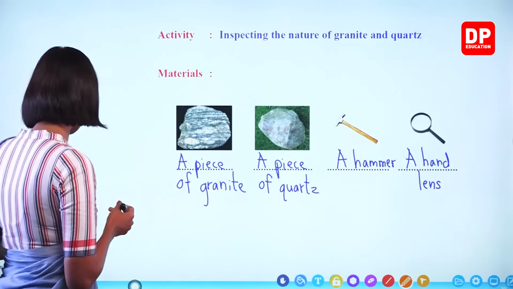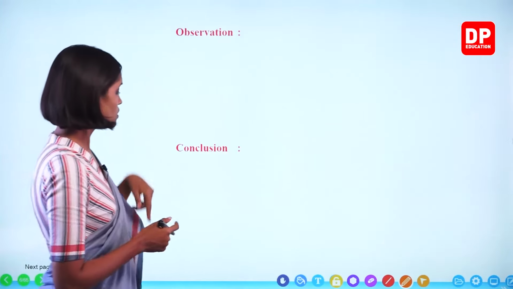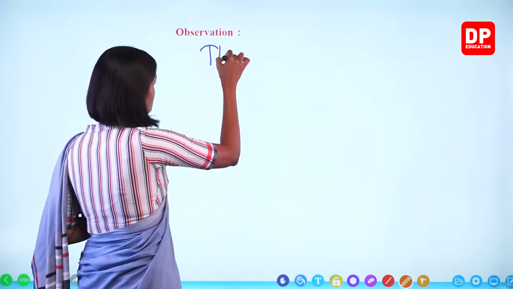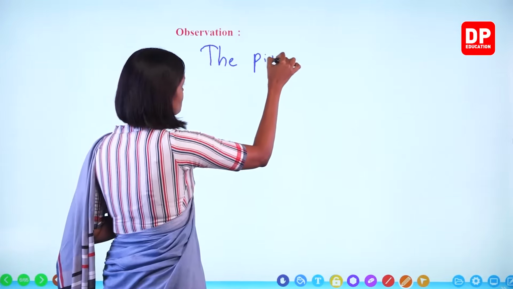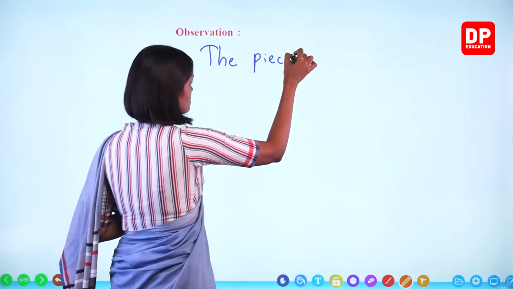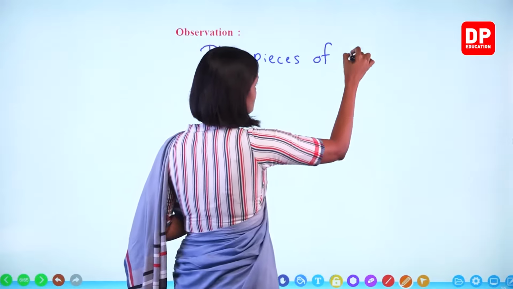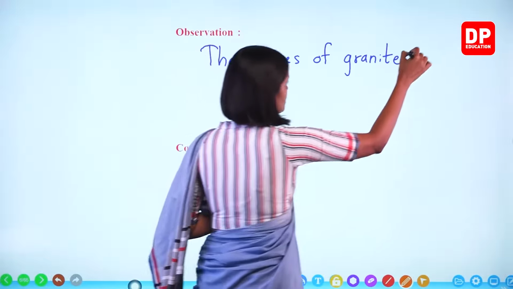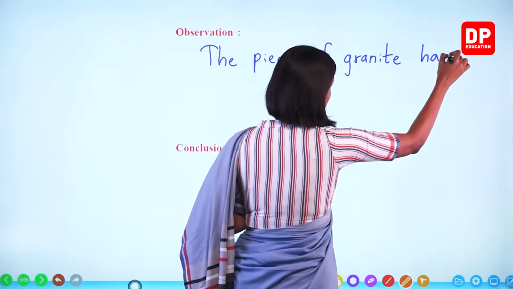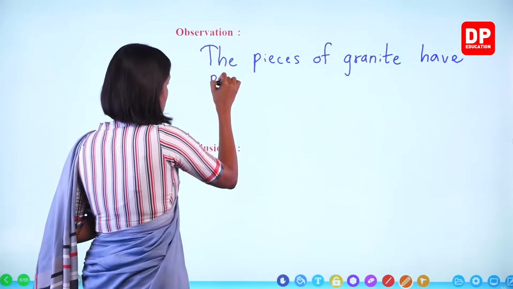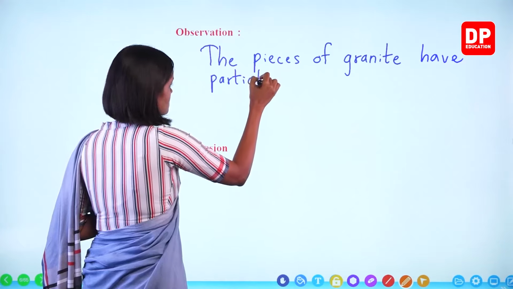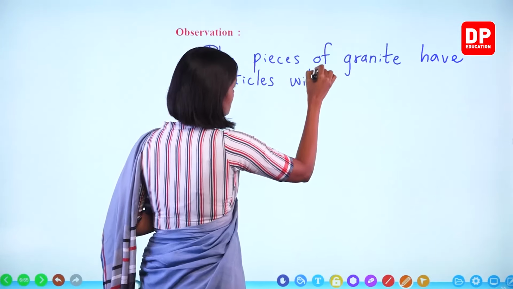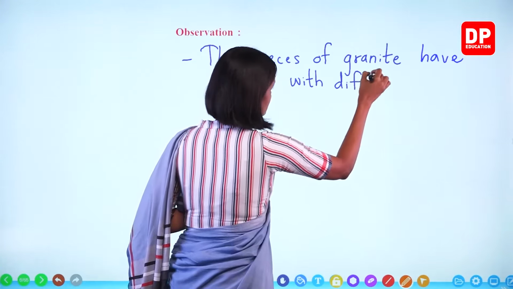Right, children, let's write these observations. Observation. The pieces of granite have particles with different colors.